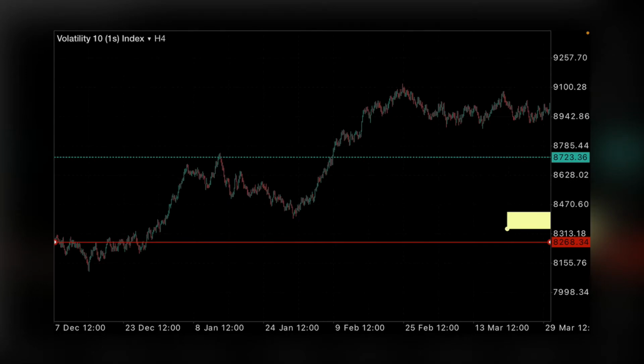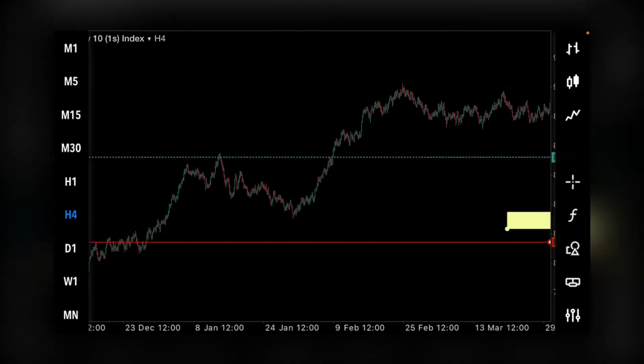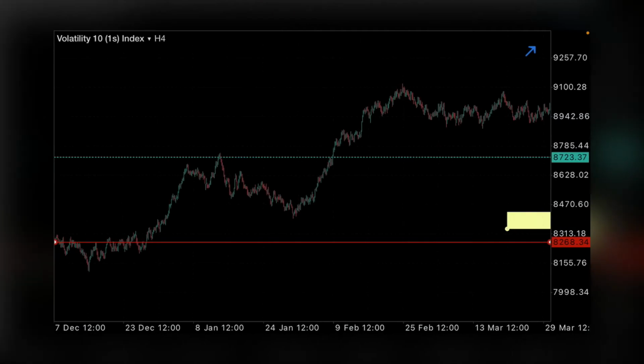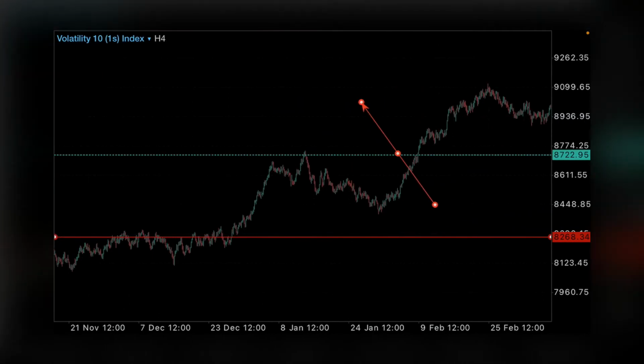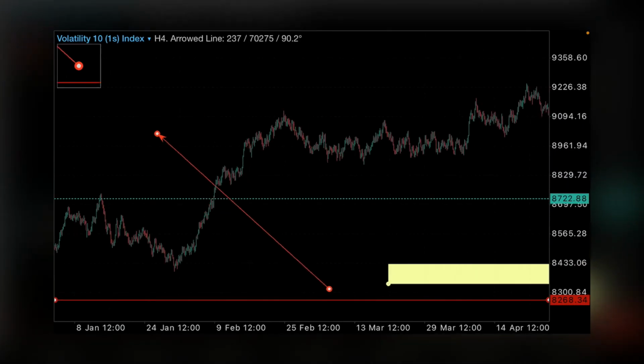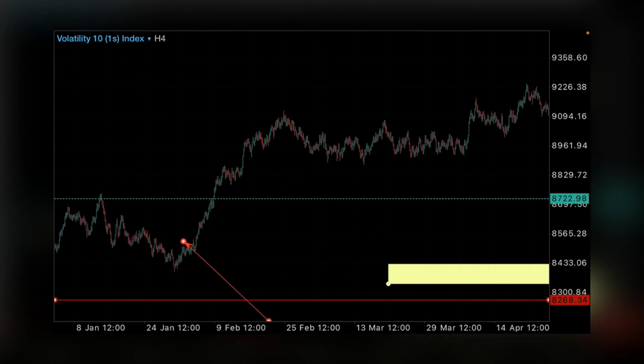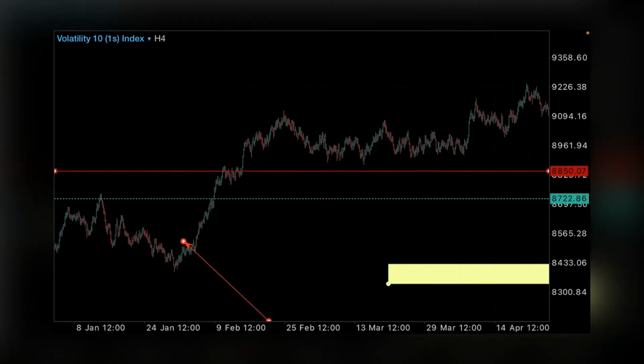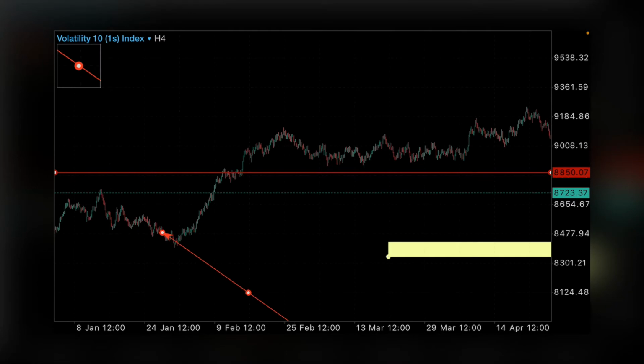Now for the uptrend, this is what we mean. Price starting from a low to a high. Now these lows and highs, they're not just called lows and highs.